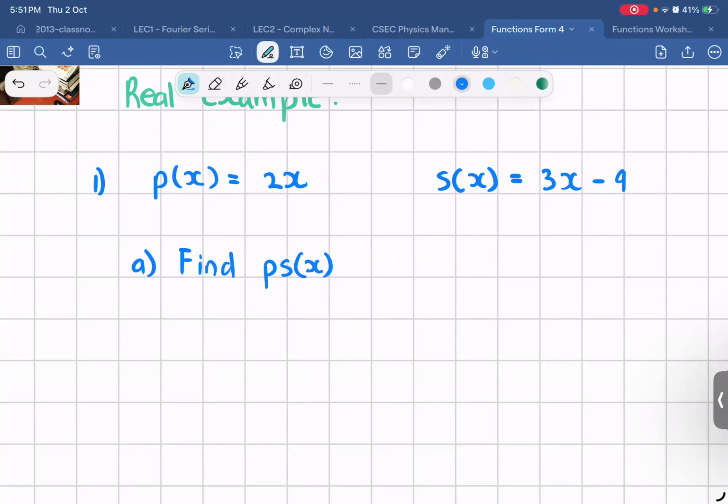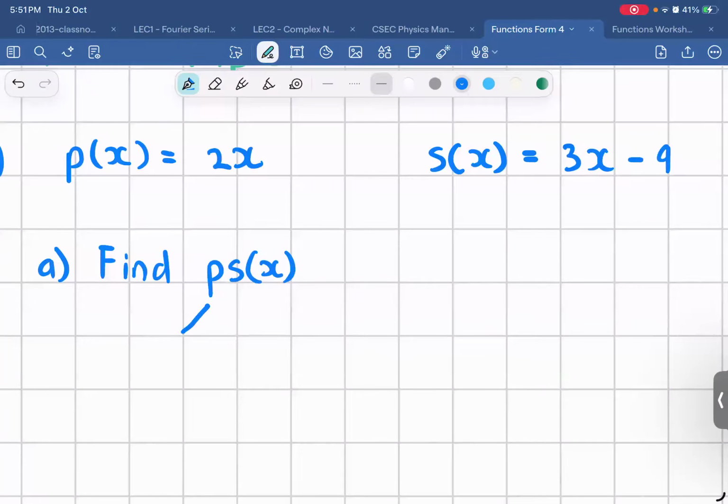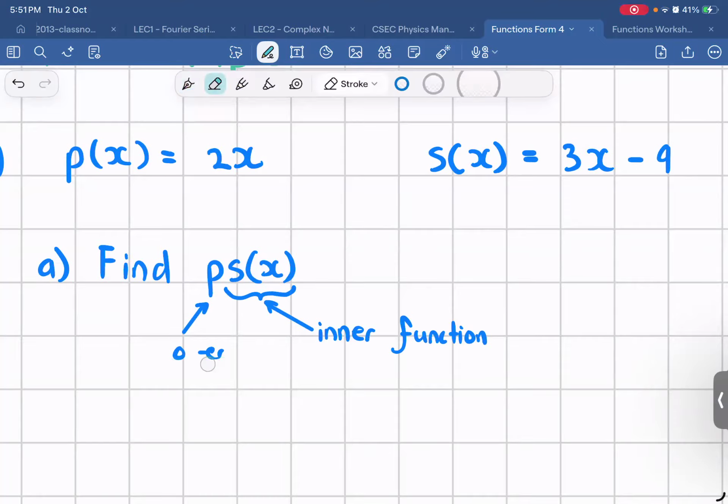So this is the outer function. And you see this over here? This is the inner function. I promise I'll get real simple.